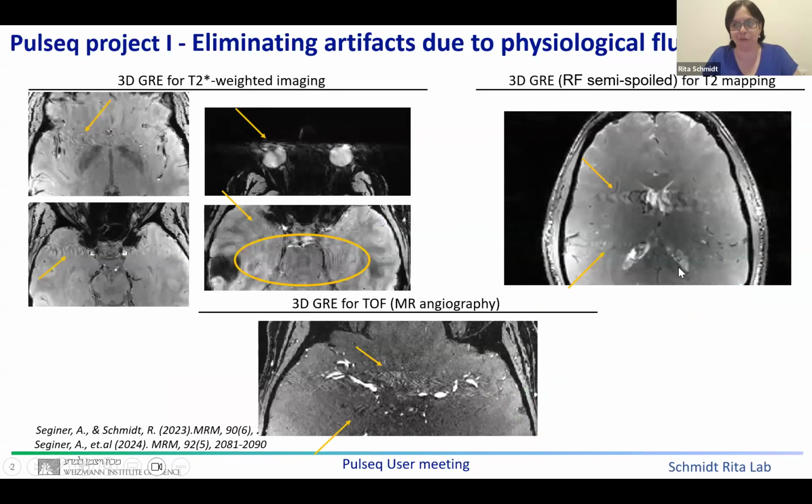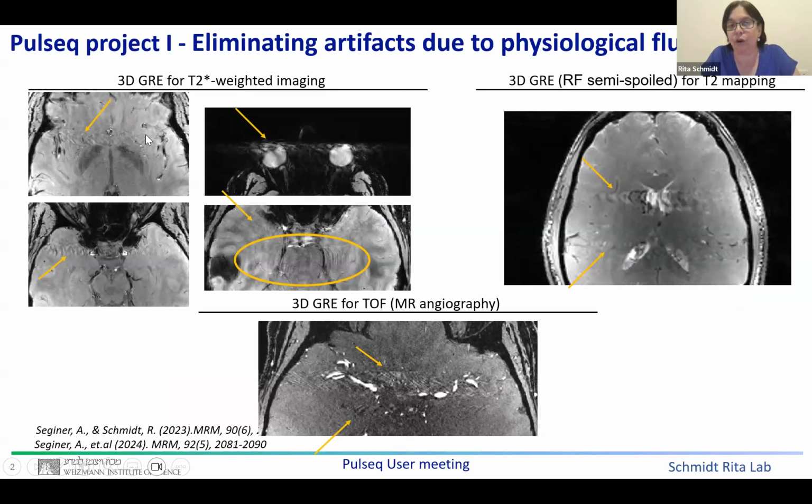So the first project, on the harmonized side, is a project where we wanted to eliminate or reduce artifacts due to physiological fluctuations. In this context, we work on 3D GRE sequences, and here are some examples of those types of artifacts.